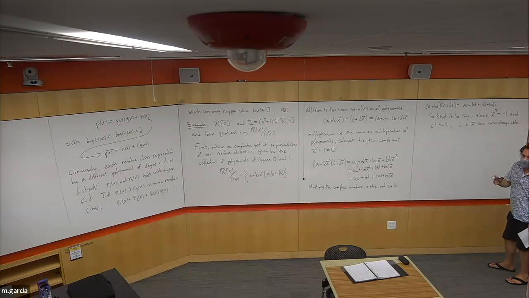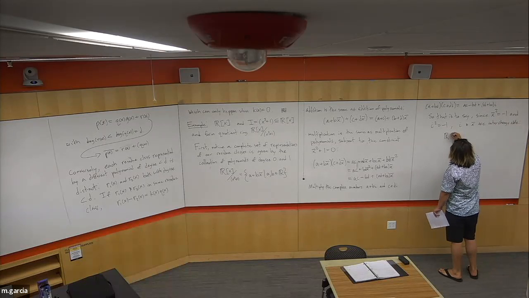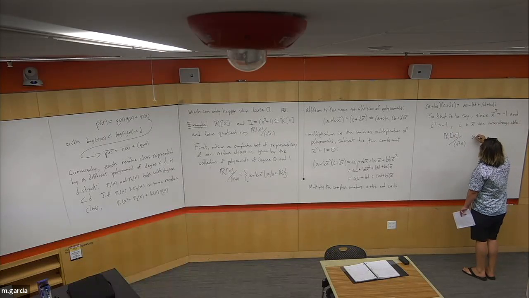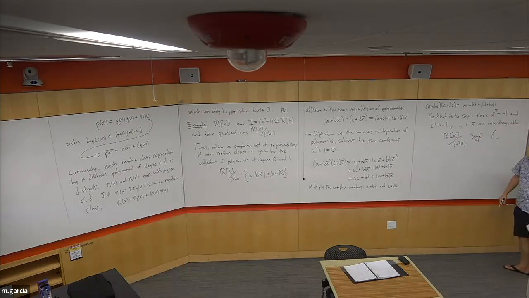So what's the takeaway of all this? The ring R adjoin X mod X squared plus 1 is the same as the complex numbers.